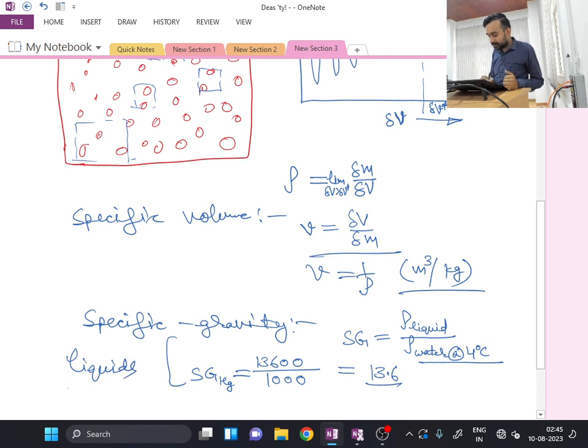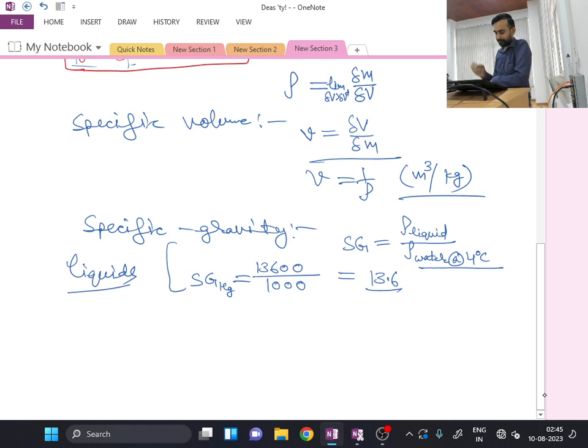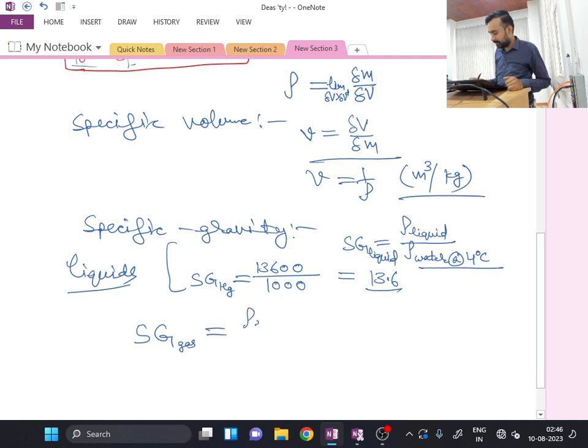What about gases? For gases, the specific gravity of a gas is typically written as the density of the gas divided by the density of the reference fluid, which for gas is nothing but air. Density of air at what conditions?